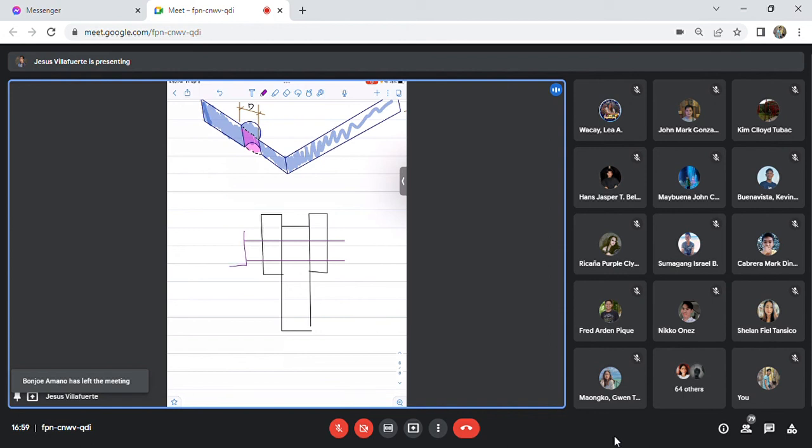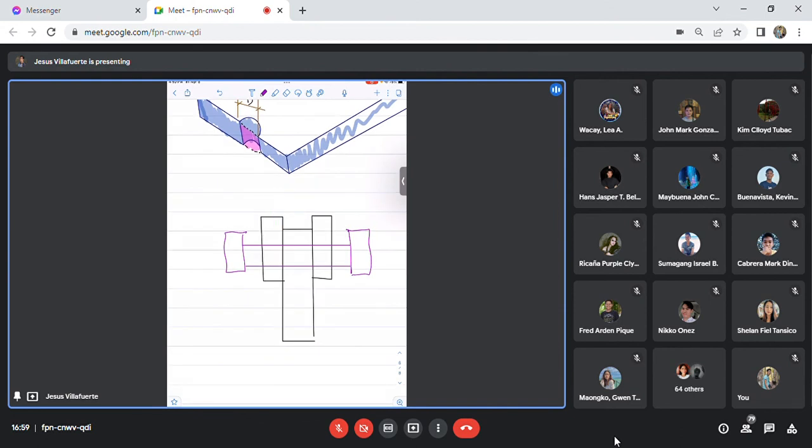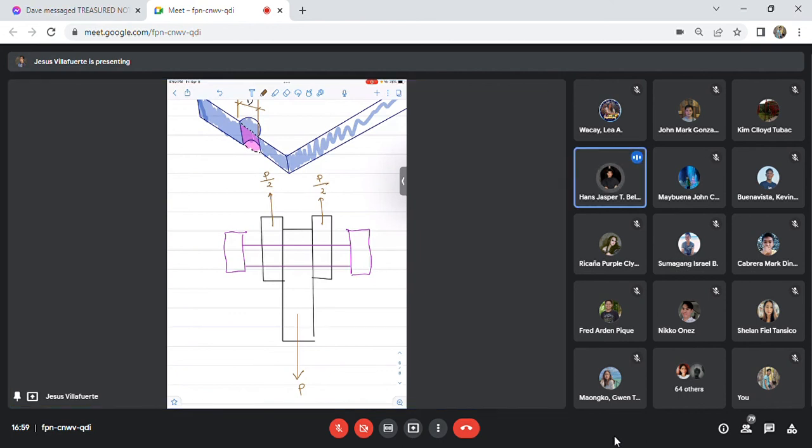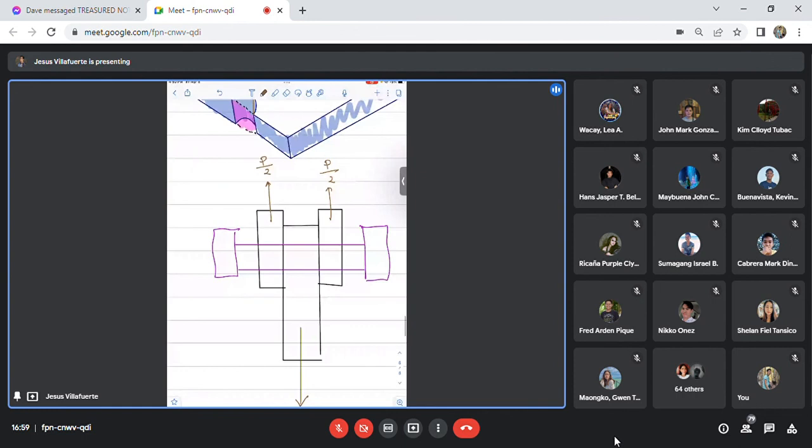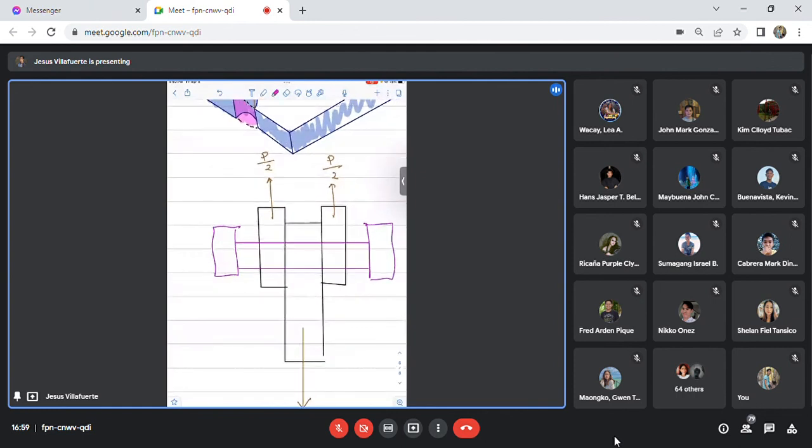So let's say this is the bolt. So in this connection, this is the force, this one is P. Then therefore, pila man ang opposite and equal reaction? Then therefore, this is P over 2. This is also P over 2. Tama? Yes. So when you try to calculate the shearing, in this case, asa man atong mga sheared area?